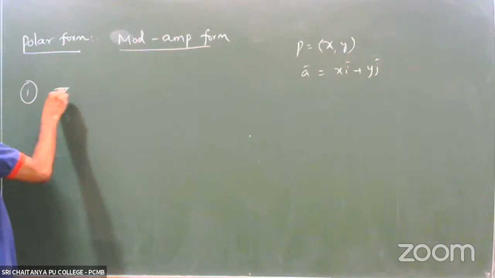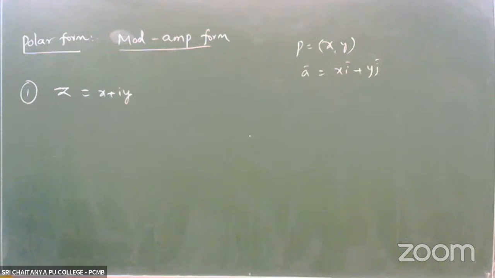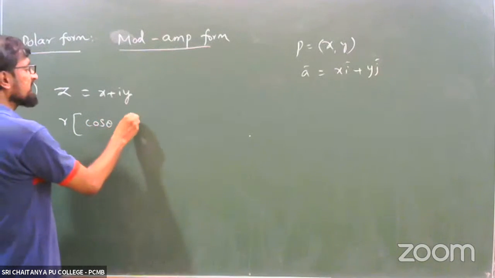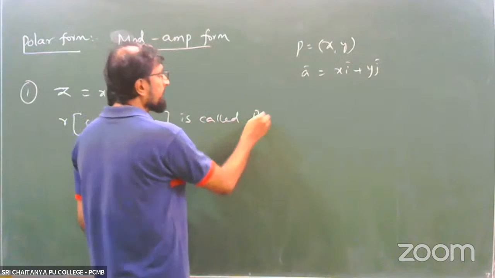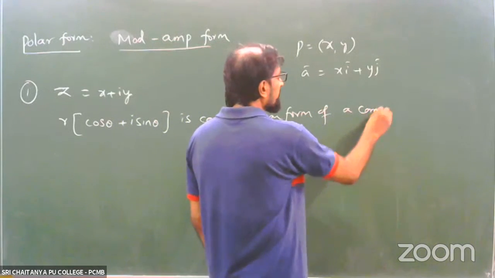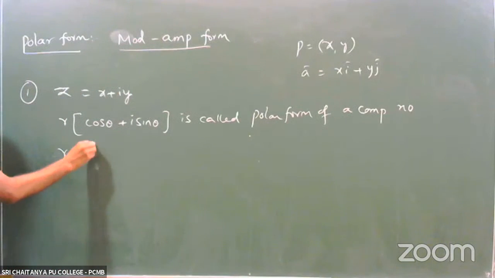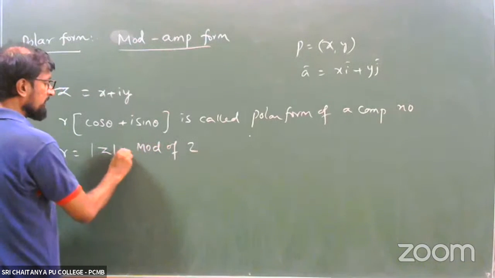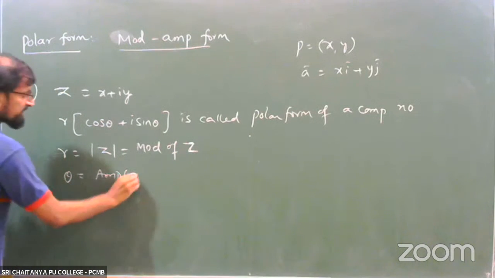That means if z is equal to x plus iy is a complex number, then r cos theta plus i sin theta is called polar form of a complex number, where r is equal to modulus of z, and theta is equal to amplitude of z.